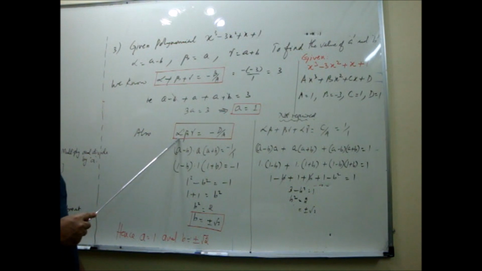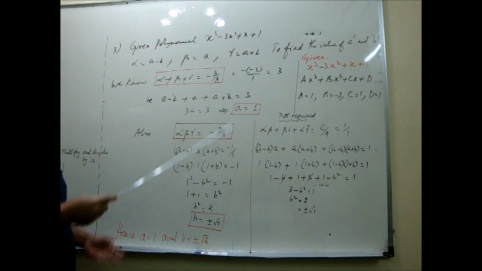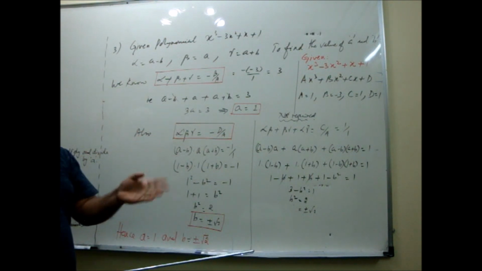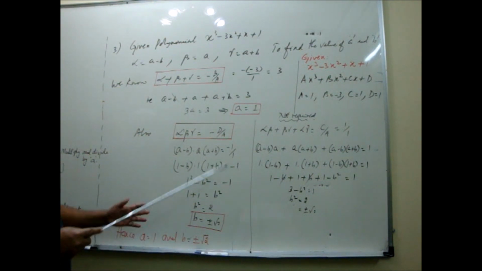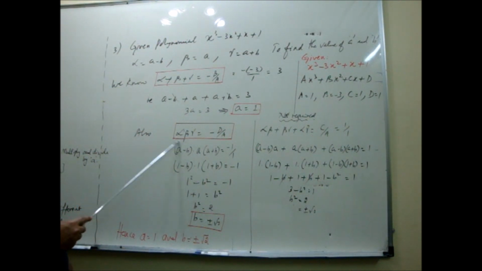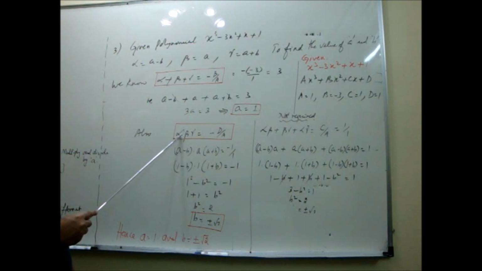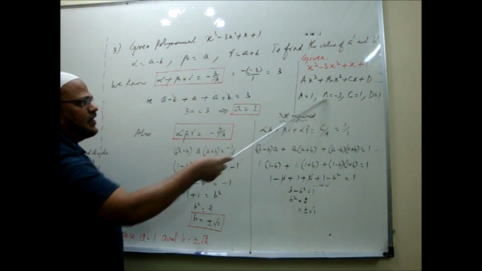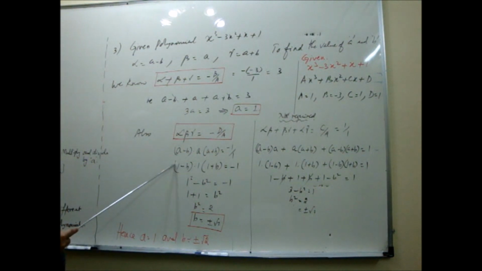Here you will get the value of b, because you have only 2 unknowns, so the 2 equations may give you the 2 values a and b. Now I take the third one, the product of zeros, alpha into beta into gamma is minus D by A. The D value here, A value here, substitute, and then put the values for alpha, beta and gamma. So I got 1.